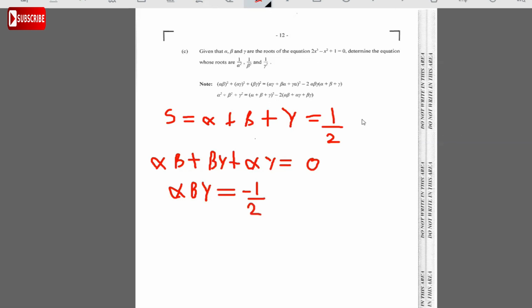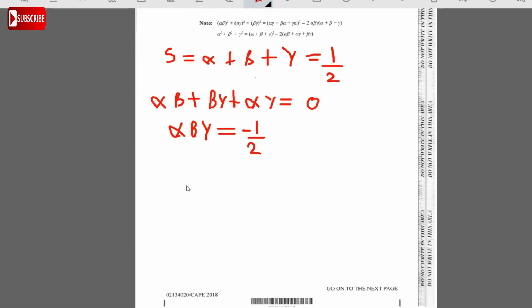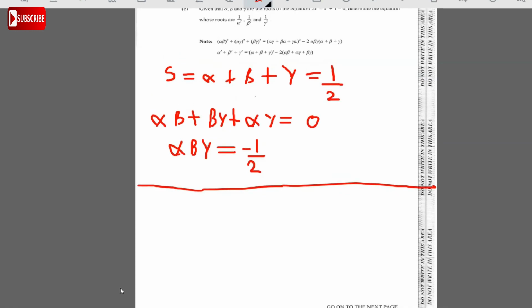All right, so now we have the sum, and we have the pairwise product. Now to find a new cubic equation, we need the sum of the new cubic.